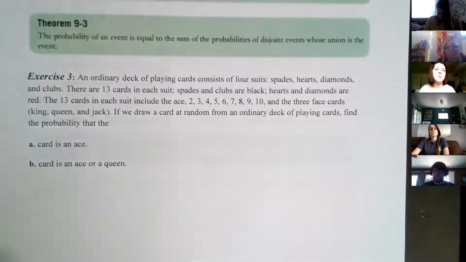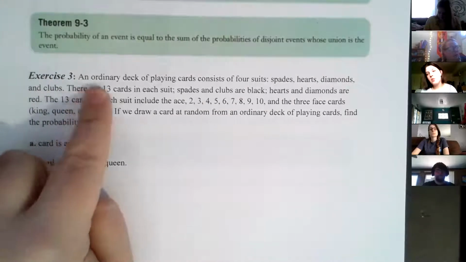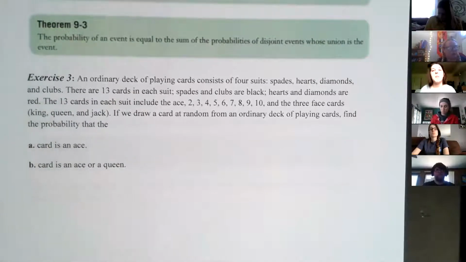So let's look at this. An ordinary deck of playing cards consists of 4 suits: spades, hearts, diamonds, and clubs. There are 13 cards in each suit. Spades and clubs are black, hearts and diamonds are red.